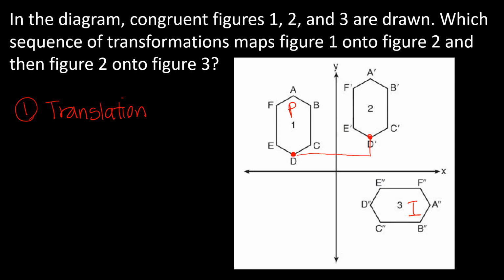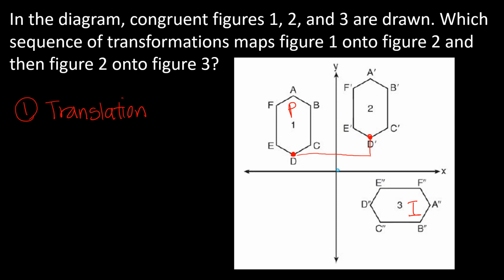If I look at the second figure to the third, I see D is here, and if I look from the origin, or if I look at the two figures from 2 to 3, I see the orientation has changed. A is sitting upright, and now in figure 3, A is to the right. So that tells me some type of rotation has taken place.